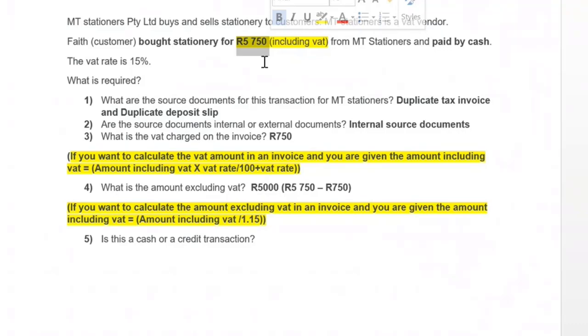So if the question asks you to calculate the VAT amount and you are given the VAT exclusive amount, you're going to take the amount exclusive of VAT, in this case 5,000, and multiply it by 0.15.